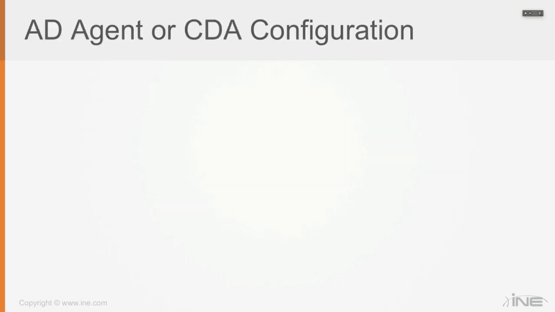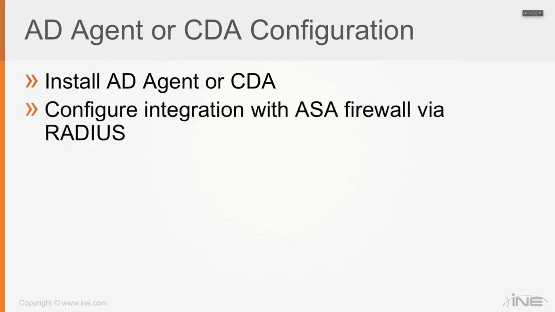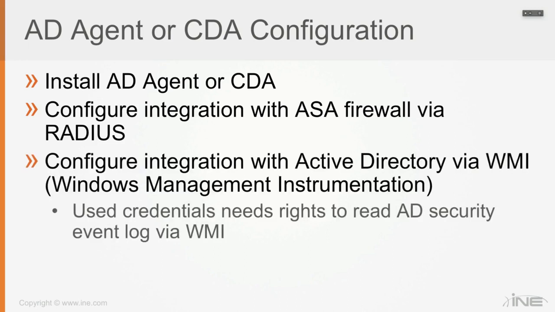Now on the AD agent or CDA configuration part, depending on which version you use, the old AD agent or the new CDA agent, you of course first have to install the AD agent or the CDA agent. Then you have to configure the integration with the ASA firewall via RADIUS, so that the CDA or AD agent pushes over to the ASA the IP to user mappings. You have to configure the integration with Active Directory via WMI, so that the AD or CDA agent retrieves the IP to user mappings from the domain controllers.